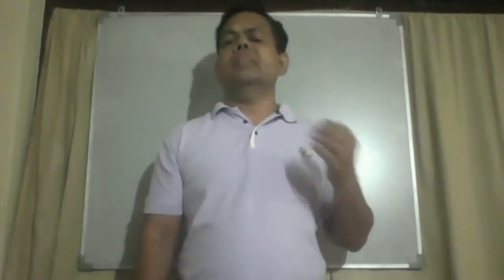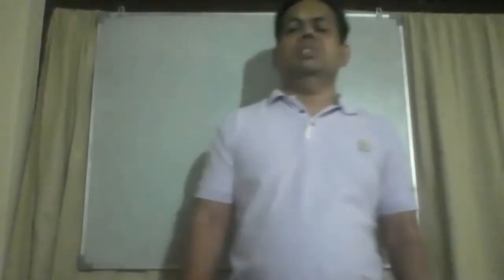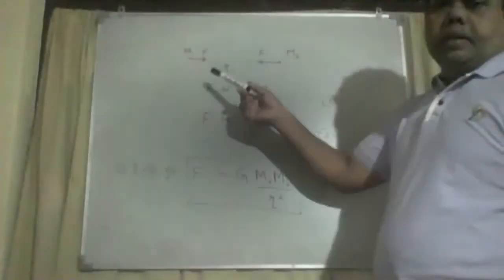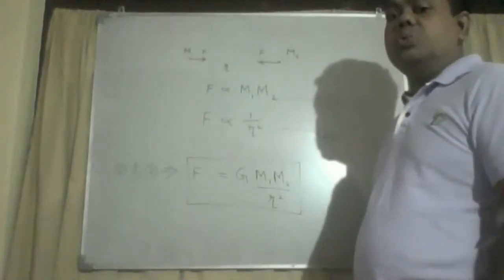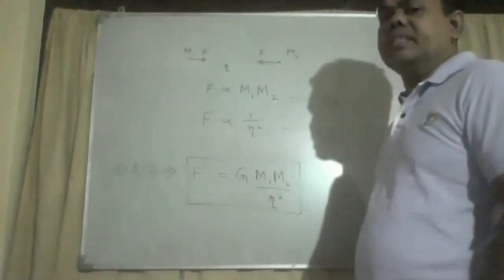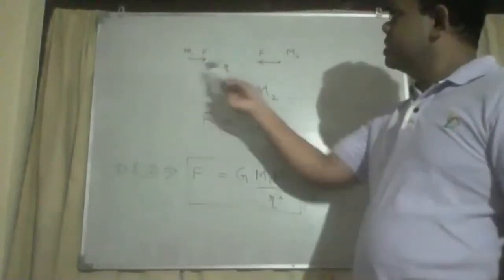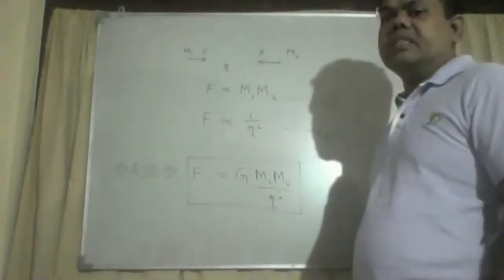This can be written in mathematical form as follows. Here M1 and M2 are the 2 point masses in consideration. Distance between them is simply r.